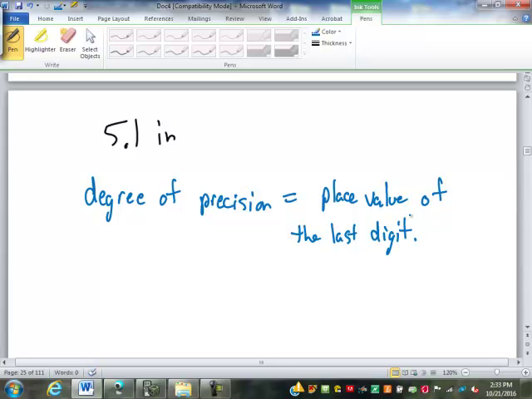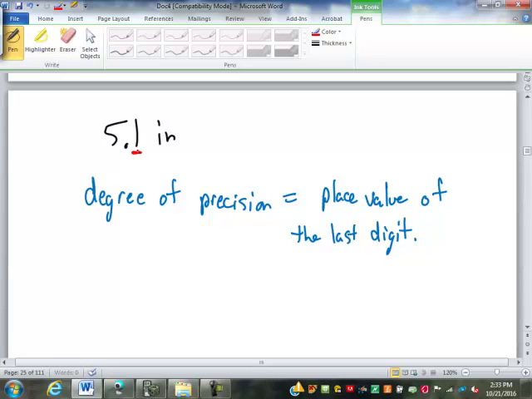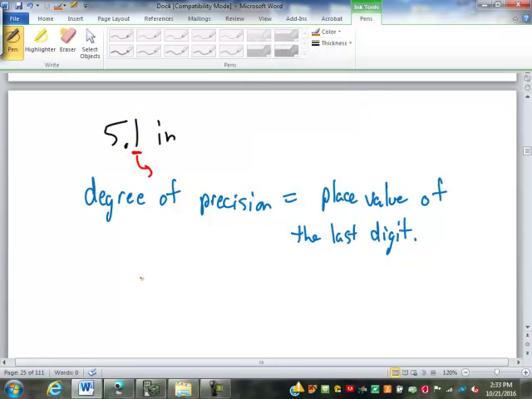There are some exceptions about that last digit, and we'll go over those in a little bit. So the last digit here is the 1. What place value is that in? Well, that's in the tenths place, right? So this measurement here, 5.1 inches, is implying a degree of precision of 0.1 inches, a tenth of an inch.